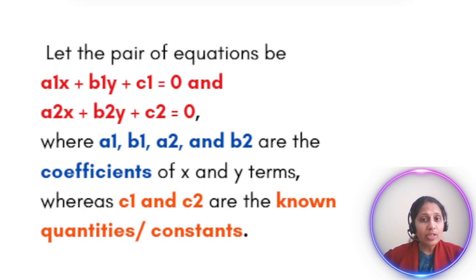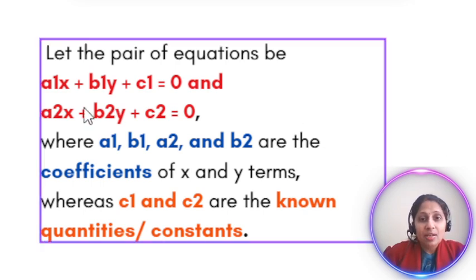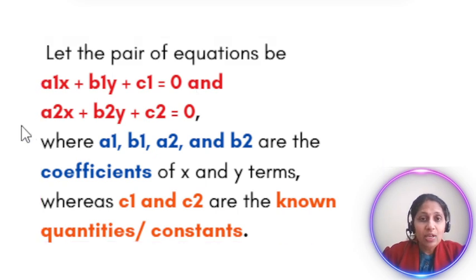So when two equations, say for example ax plus by plus c equals 0 is the general form of a linear equation. Now let's assume that the coefficients are a1 for x, b1 for y, and c1 is the constant or the known.